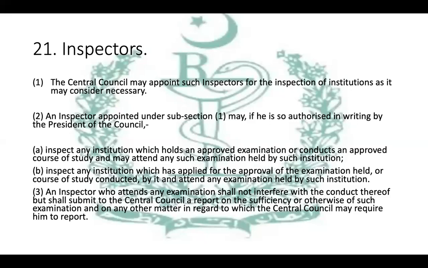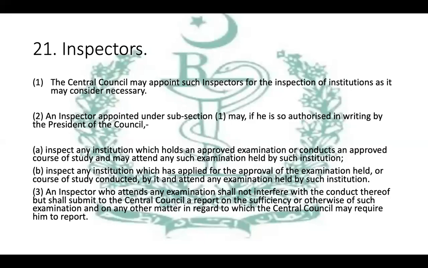These must be approved by the pharmacy council, and he may attend any such examination held, or any other examination related to pharmacy matters. Any approved courses, degree courses, certificate courses, whatever they are, must be approved by the pharmacy council. So he has to visit that institute and examine these institutions as per the laid down procedure of that pharmacy council. He has to check, he has to examine.